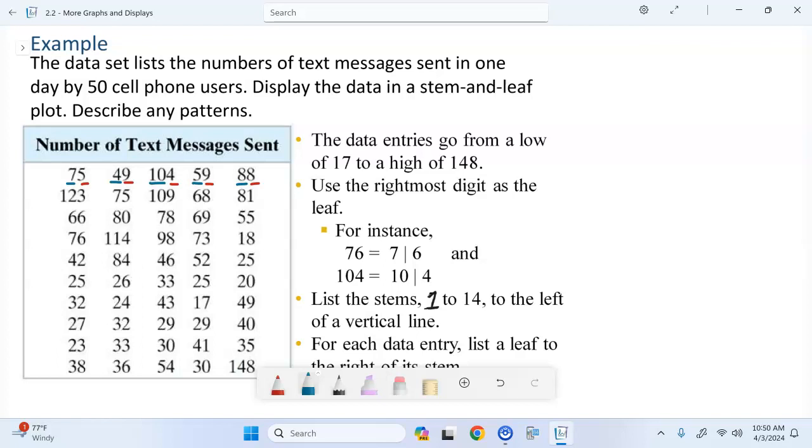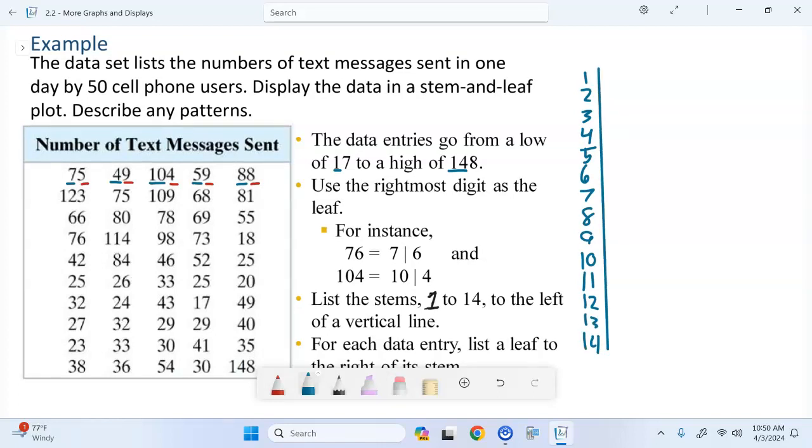If I'm starting with a low of 17, I need to start with a stem of 1, and with a high of 148, I need to end with a stem of 14. So I need to list the numbers 1 through 14 all the way down next to a vertical line: 2, 3, 4, 5, 6, 7, 8, 9, 10, 11, 12, 13, and 14. Those are all of our stems.